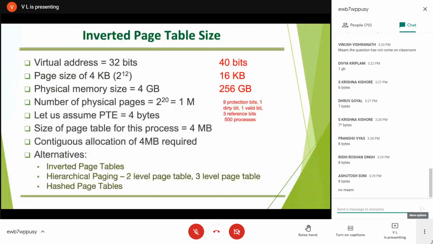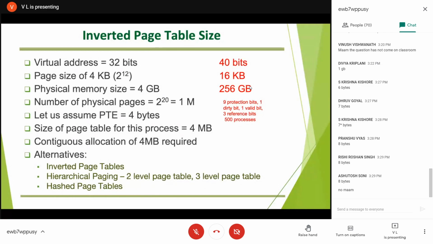This was the scenario. So I wanted to first of all ask you about the protection. Okay, so now let's try to find out what will be the number of pages first of all.